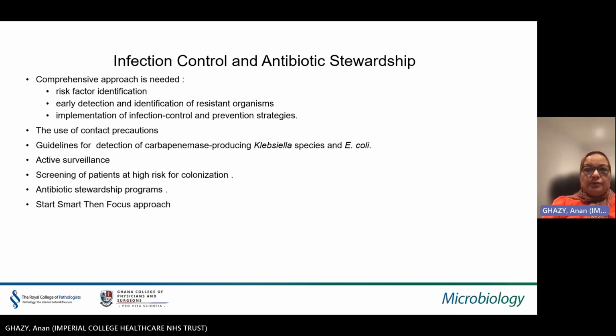What is the role of infection control and antimicrobial stewardship? Actually, it is a huge role for treating these infections. We should have a comprehensive approach in order to identify the risk factors for carbapenem-resistant organisms or multi-drug-resistant organisms, early detection and identification of these organisms, and implementation of infection control and prevention strategies to avoid the spread of the bacteria.